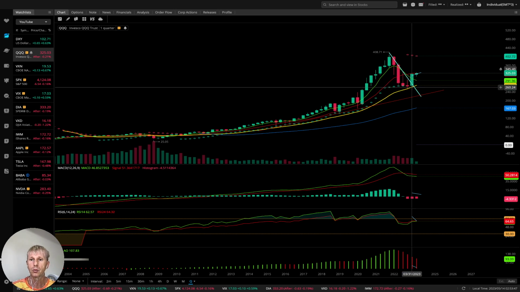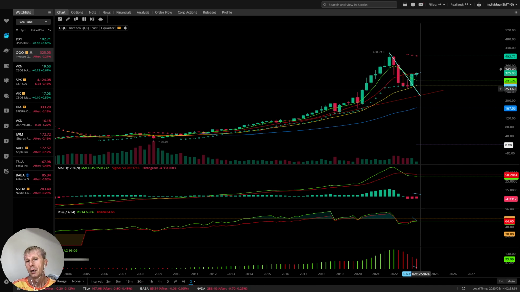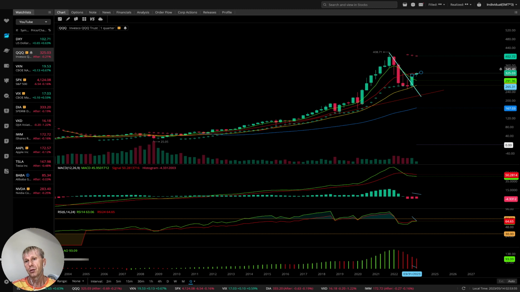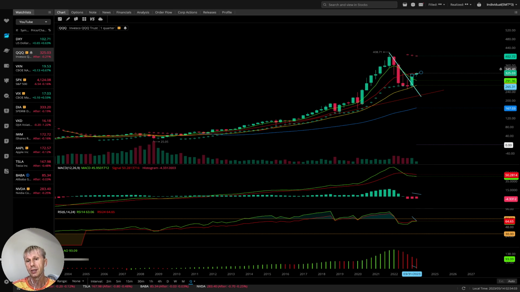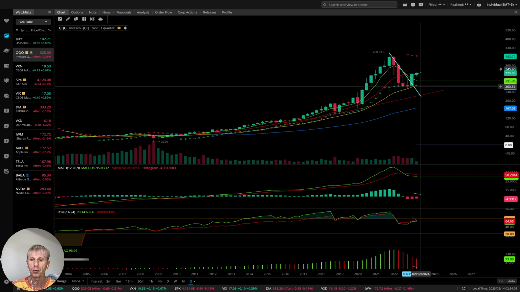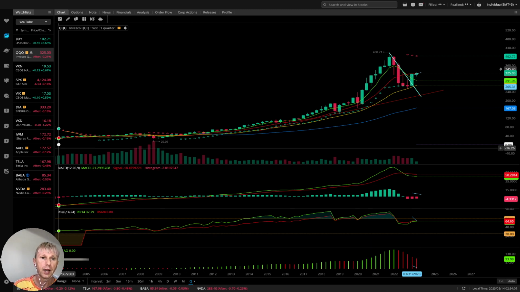MA20 was strong support. This quarter it has already touched MA10. We'll see whether it will be rejected from MA10, because MA10 now is resistance. It can be rejected from MA10. Still a bearish trend on the quarterly time frame.